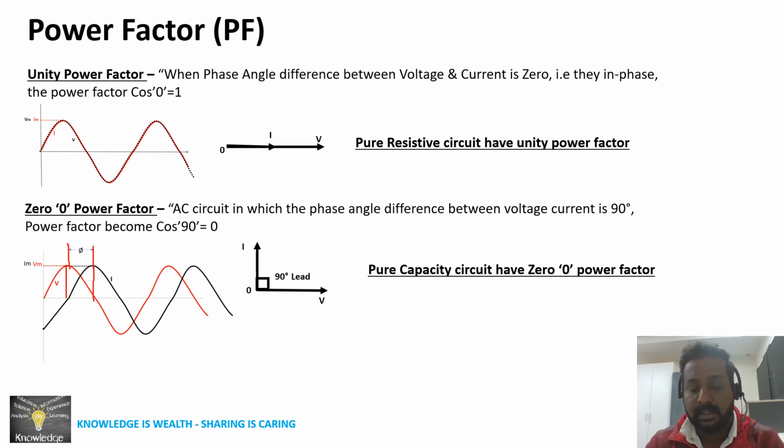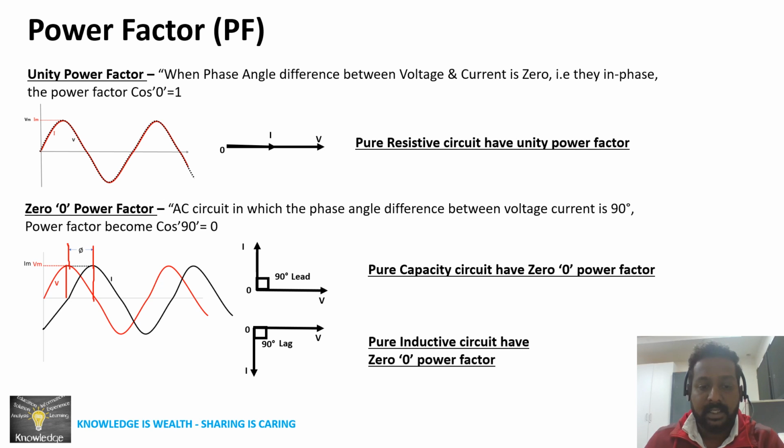If we provide a pure capacitor load, the phase angle difference between voltage and current will be 90 degrees lead. The second is lag. If the load is purely inductive, with no resistive or capacitive effect, then the current lags the voltage by 90 degrees. So phi value is 90, and cos 90 is 0. That circuit we also call a zero power factor.